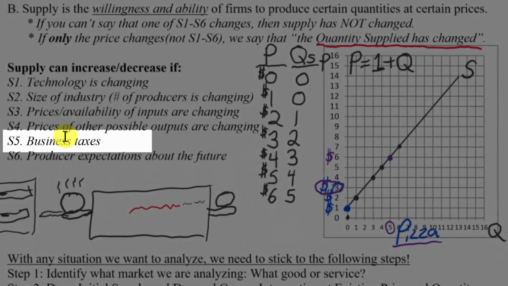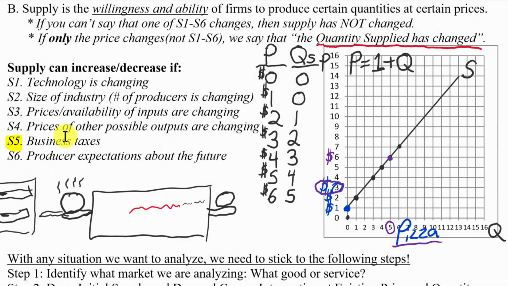If you put some kind of tax on a product or on a business and you make it more expensive, more costly, more difficult to do business, then that is going to reduce your willingness and ability to produce. On the other hand, if you cut taxes on businesses, make it easier and cheaper for them to produce, then that will make them more willing and able to produce.